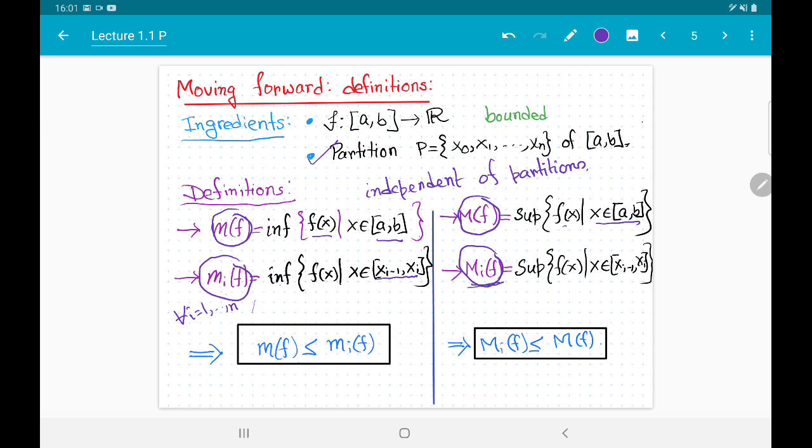Similarly, big M_i f is defined to be the supremum of all f(x) as x varies inside the interval [x(i-1), xi]. These are two trivial consequences of the definitions: small mf is less than or equal to small m_i f and big M_i f is less than or equal to big Mf.